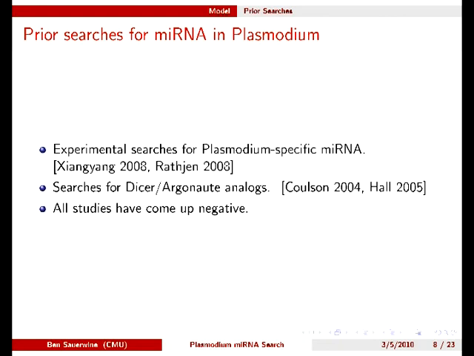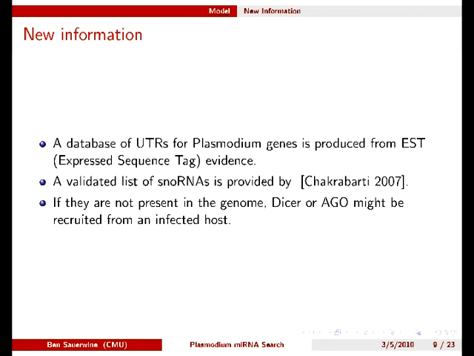For this talk, I will mostly focus on putative snoRNA-derived small RNAs that could perform microRNA-like functions. In our search, we used some newly available data, namely a database of 3' untranslated regions available from studies of ESTs, and a validated list of snoRNAs in Plasmodium.